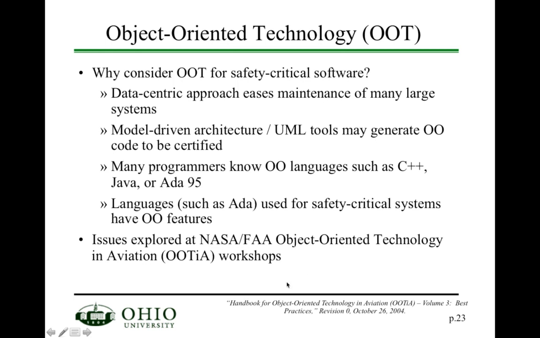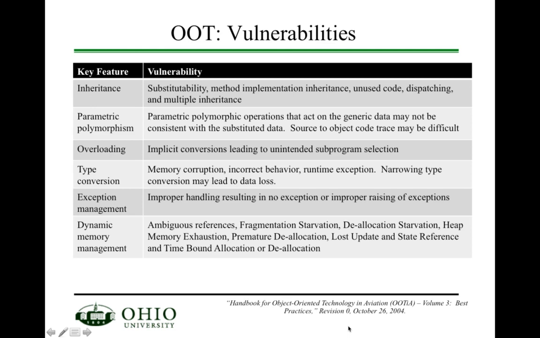And actually these handbooks that I have here at the bottom, this reference, I have available on Blackboard. Now the key thing is, of course, there is a set of vulnerabilities, especially regarding inheritance, polymorphism, overloading, type conversion, exception management, and in my opinion, especially dynamic memory management.